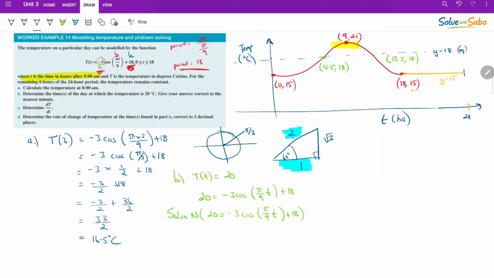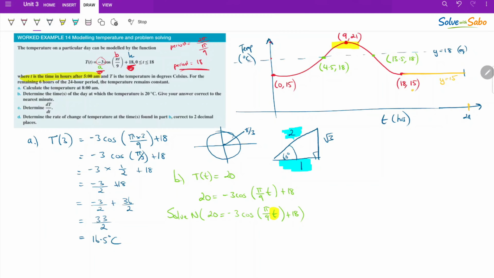Now you have to remember, in your calculator you're not going to be able to write t, you're going to have to put an x into your calculator, and then it'll probably say multiple solutions might exist. Yep, all good. Now here's some of the possible answers that it's given us. We've got some answers of -42, etc. Now let's think about some of these numbers that make sense. My numbers have to be between 0 and 18.